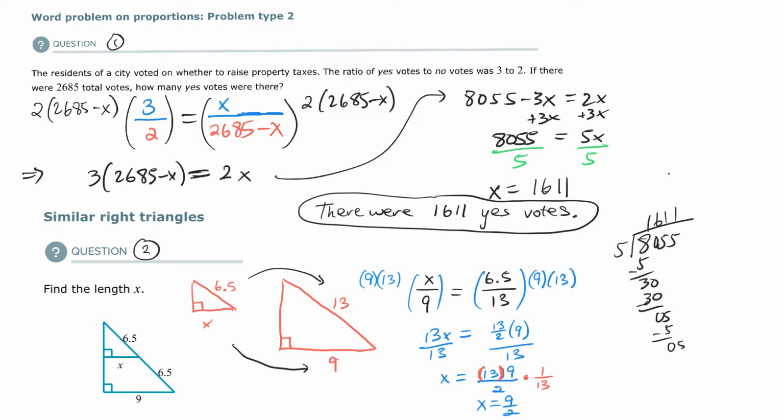So the missing length is 4.5, right? 4.5 what? 4.5 units of length. The units were not given to us, but clearly it's measuring some kind of distance, and that distance here is called length. Let's circle our final answer.